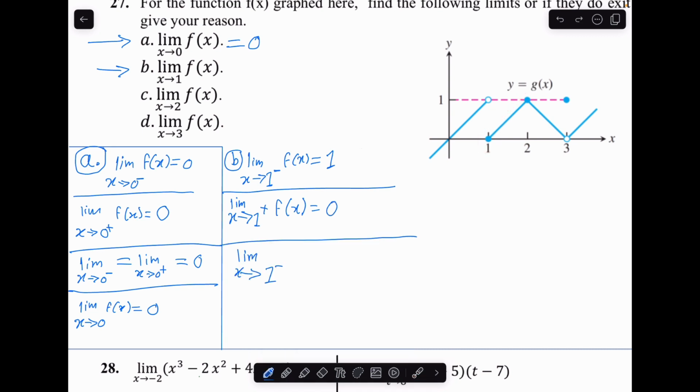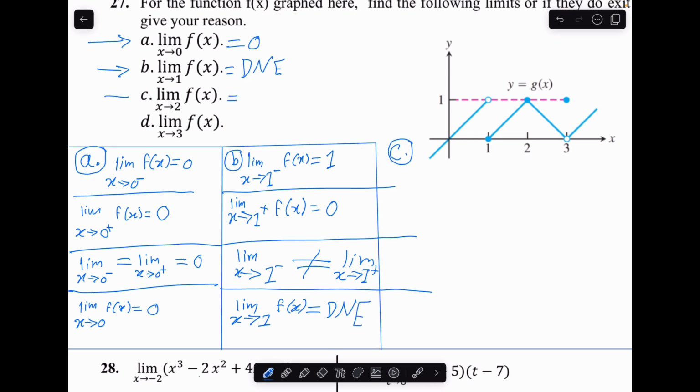Since the limit when x is approaching 1 from the left is not equal to the limit when x is approaching 1 from the right, we have the limit when x is approaching 1 of f of x does not exist.